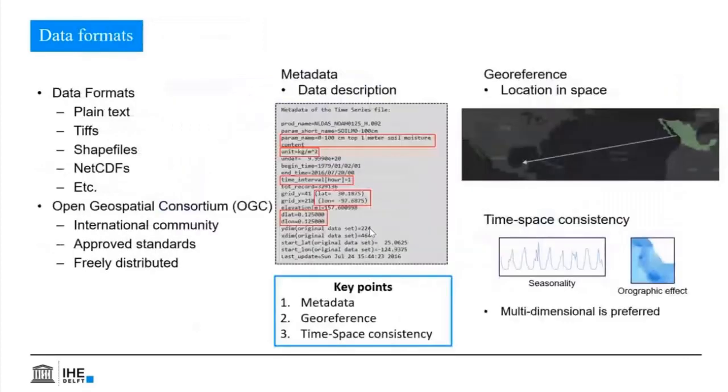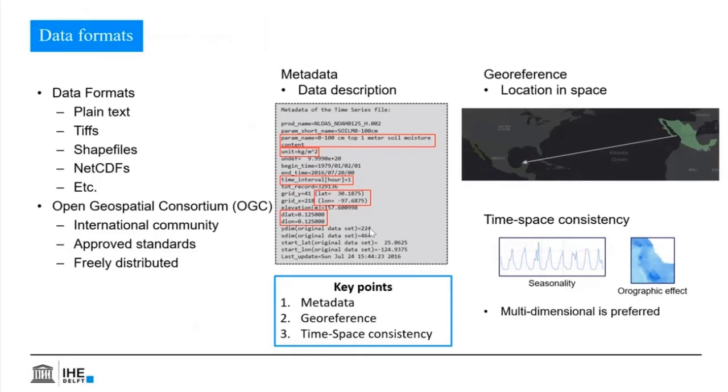The data formats of geospatial data can be plain text, GeoTIFF, shapefile, or NetCDF, and the data usually follow the Open Geospatial Consortium standards. This is a standard for the international community, and it's freely distributed. Again, the key points when you look at the data are the metadata and georeference. Sometimes you need to check the time-space consistency of the data sets.